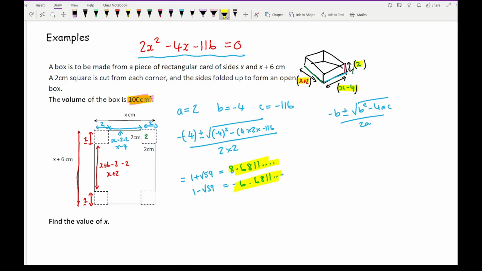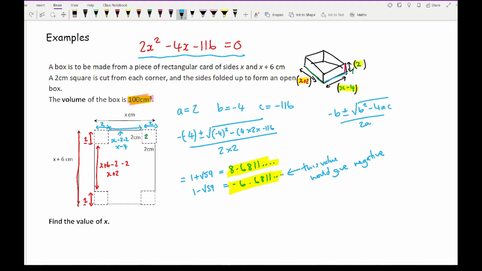Now only one of them is going to be valid. Because the length of this is going to be x and x minus 6, it can't be this value here, as this value would give a negative length. Now don't think that it's always going to be the positive answer, because in some cases it might be the negative answer that's the valid answer.